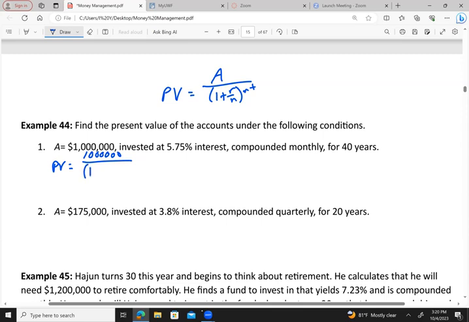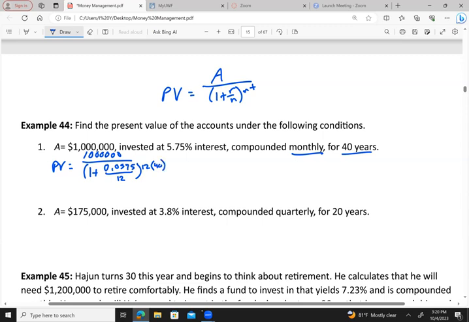And I have 1 plus my interest rate, which is 0.0575 in decimal form, or 5.75%. Compounded monthly, so N is 12. So again, I have N times T, which is 40 years.